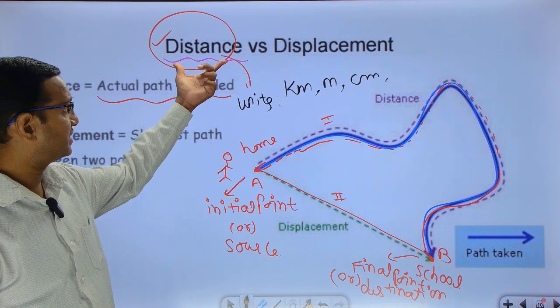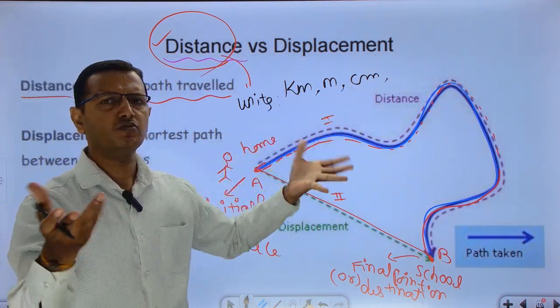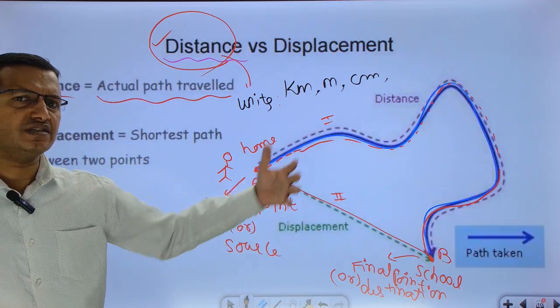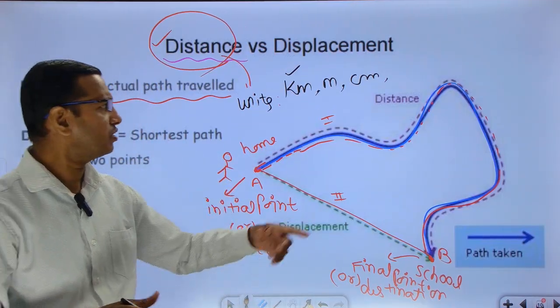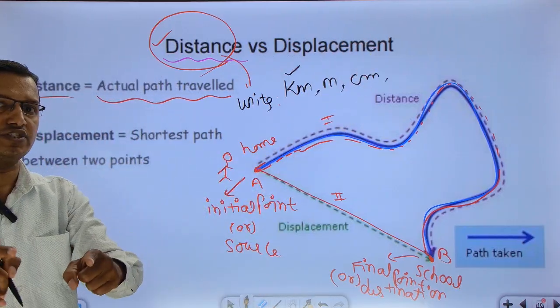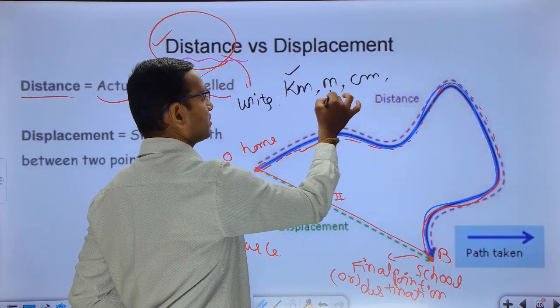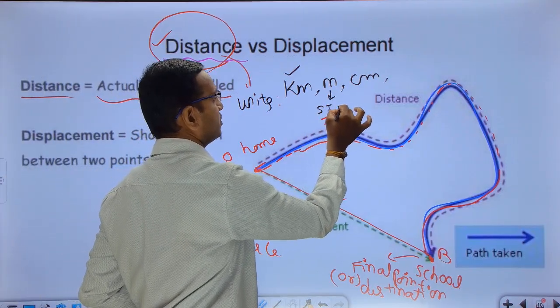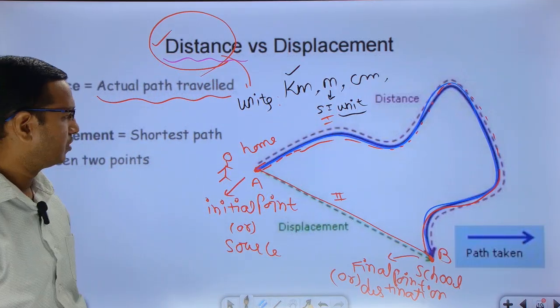If the distances are larger, we use a bigger unit like kilometers. If the distances are smaller, you can use centimeters, meters or millimeters. But if you ask what the SI unit of distance is, that is the meter. The CGS unit is the centimeter. Hope this is clear. Fine.